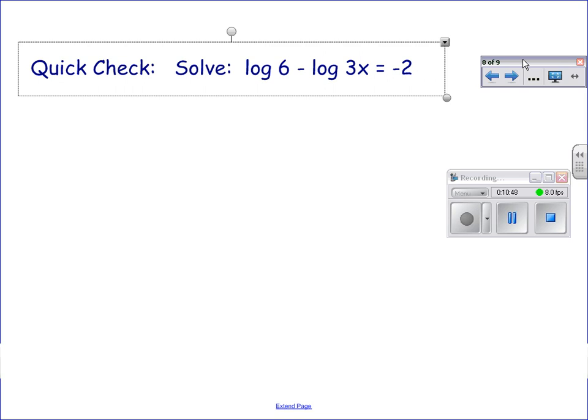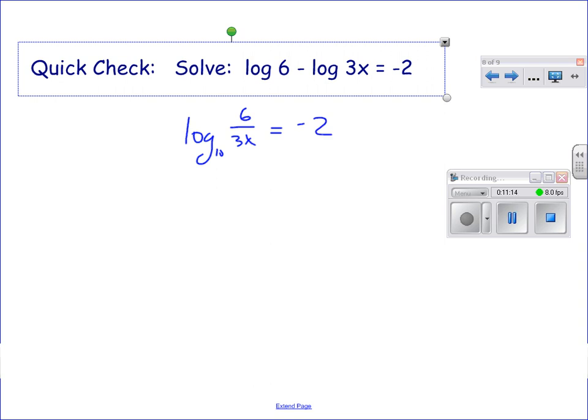Let's try one just for practice. So no exponents out in front, and subtraction talks to division, so I'm going to right away write log base 10 of 6 over 3x, and negative 2.